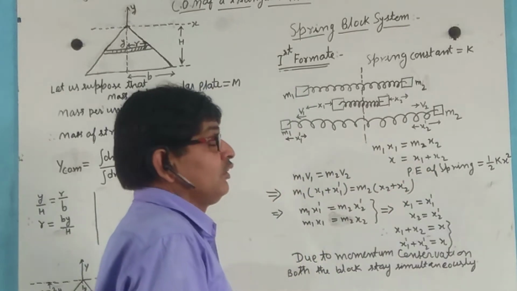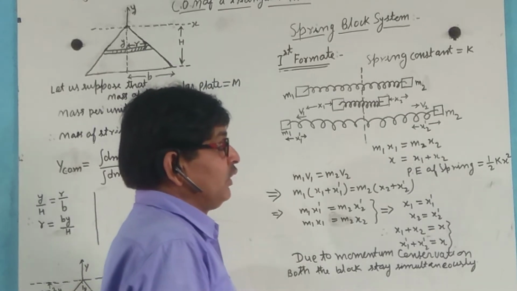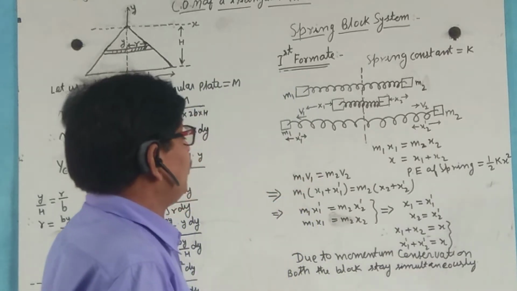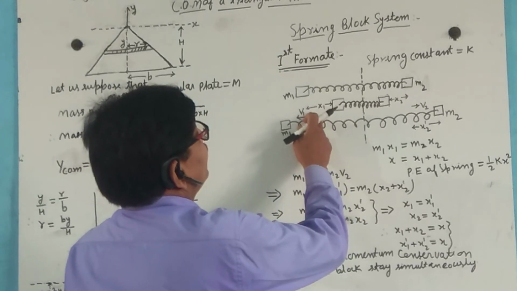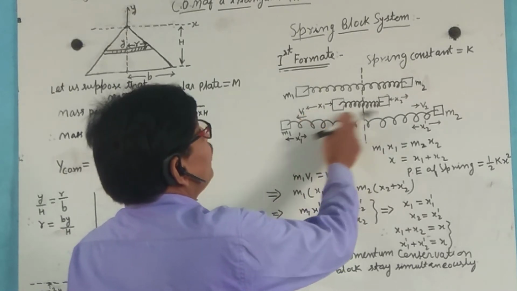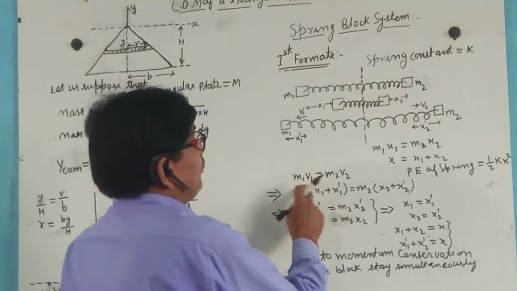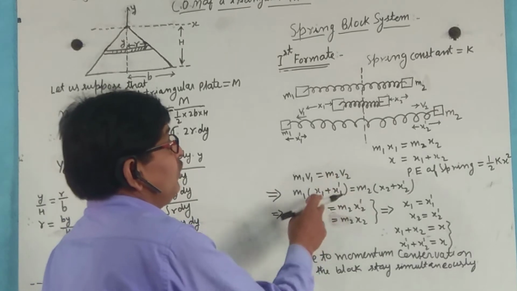In this case, the potential energy of this spring is half kx square. By momentum, the velocity of this block is v1 and this block is v2, so that momentum m1 v1 equals m2 v2.